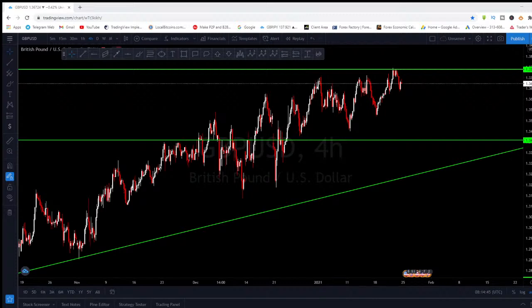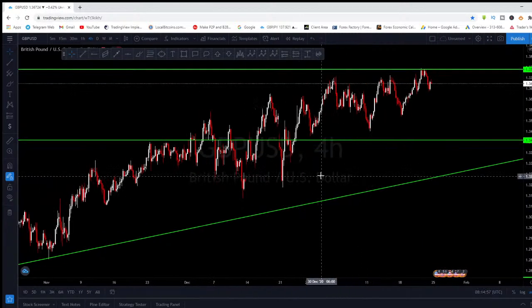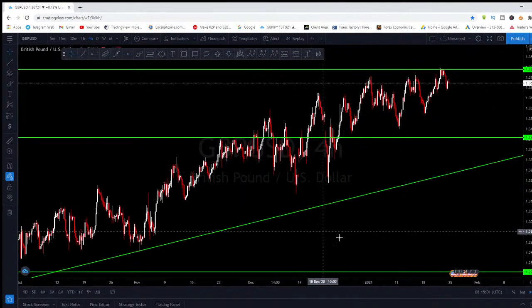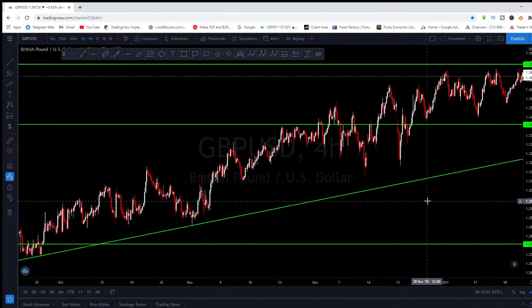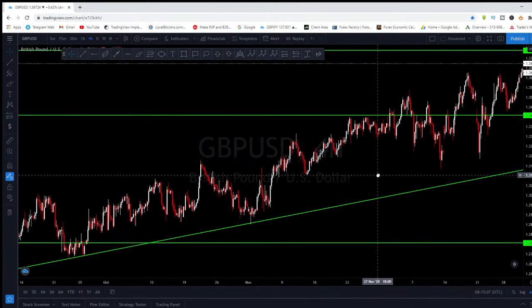So let's go down to the 4-hour time frame so we can continue with this analysis, right? So this is the 4-hour time frame at the moment, and you guys know that this is my support and resistance I plotted on the daily time frame, right? And apart from that, what are you seeing here?